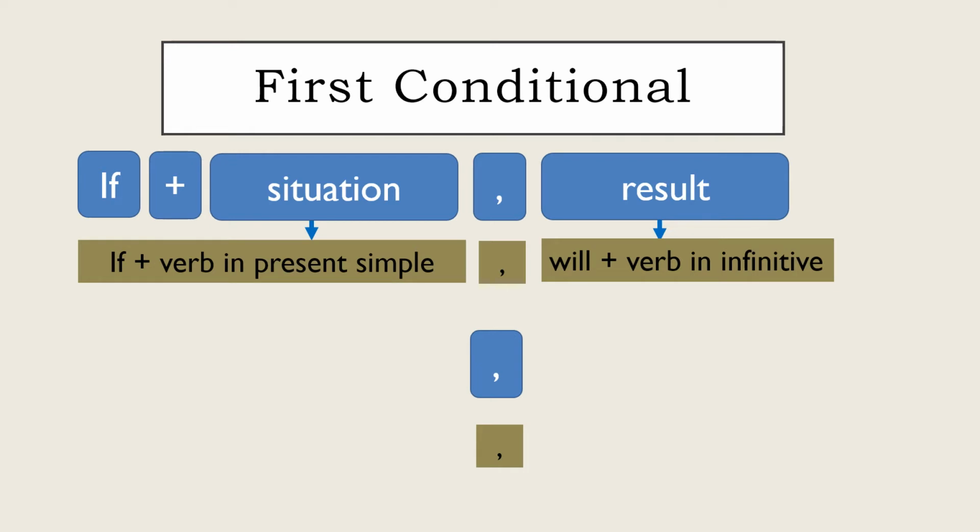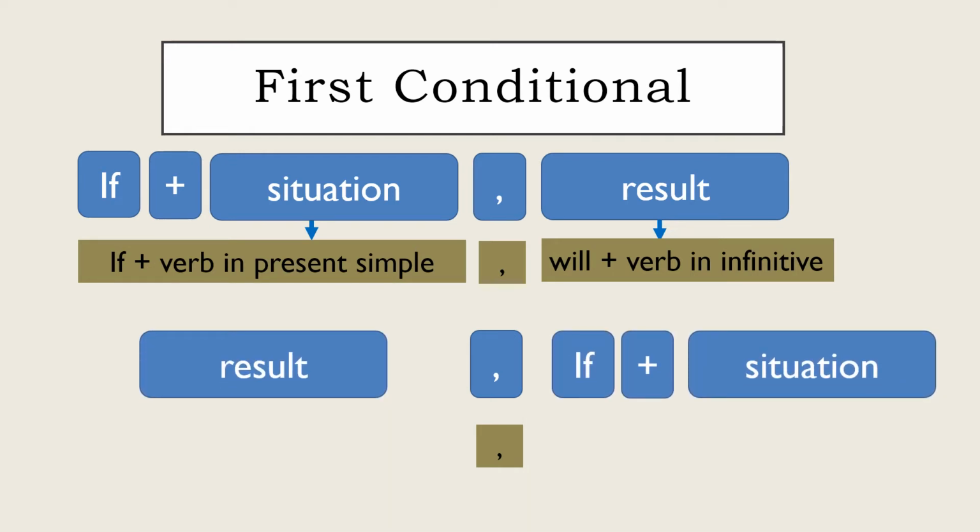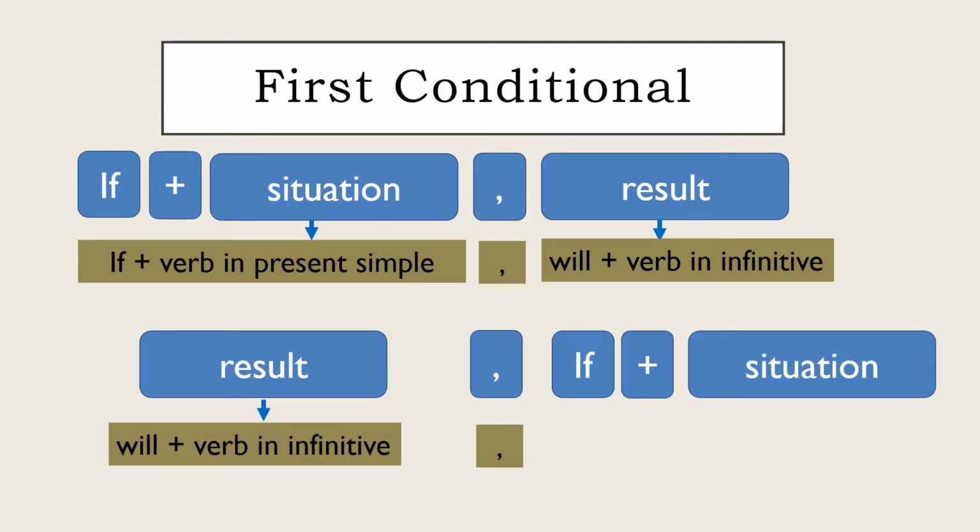We can change the order of the sentence and have the result before the situation. Kita boleh tukar kedudukan ayat dengan meletakkan kesan result dia tu sebelum situasi. For the result, we still use will plus verb in infinitive. Sama macam tadi, kalau kita nak menggambarkan tentang result, kita mesti masih gunakan will, akan.